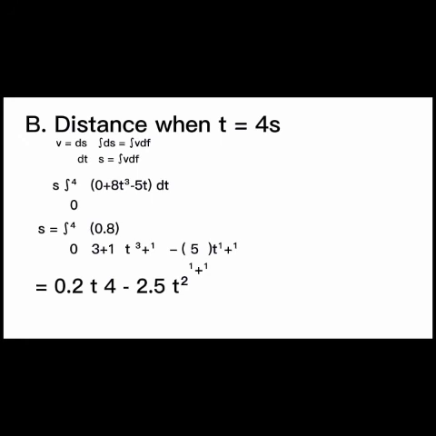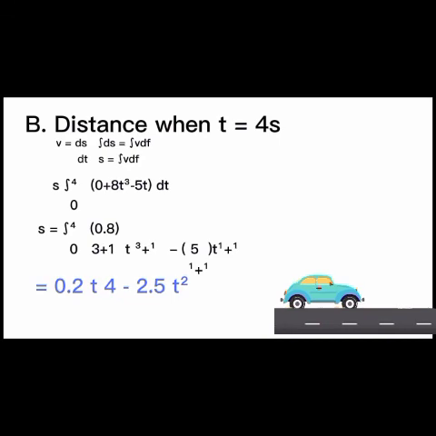So let's substitute the value of t. 0.2 multiplied by 4 raised to 4, then minus 2.5, the value of our t is 4, raised to 2, we will get 11.2 meter in our distance when the car reaches 4 seconds. So, that's it. Thank you.